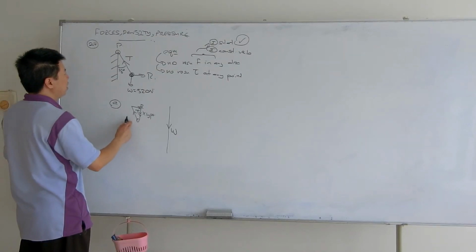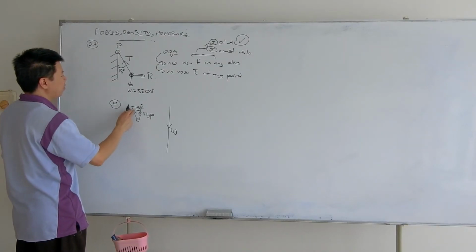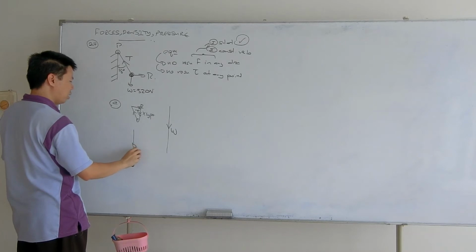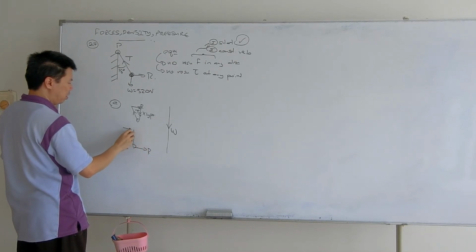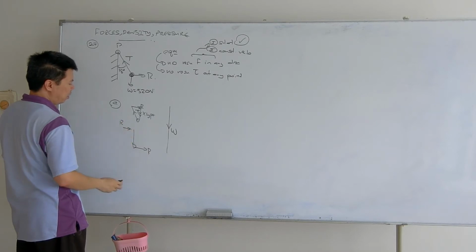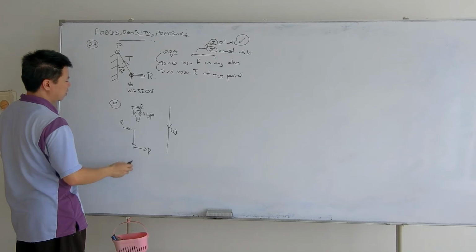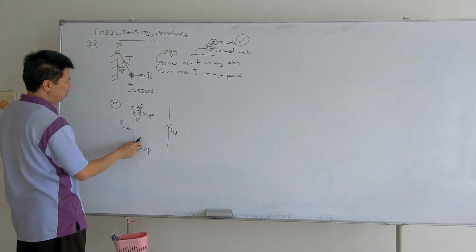Instead of thinking T, why not we start with W? Let's say W is here. We got R here. R can be here or here. And then we got tension at 18 degrees here.